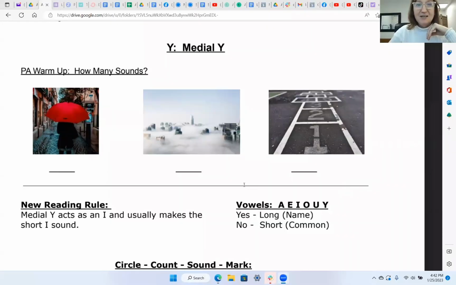That might be hard to remember now, but I'll mention it every so often, and then pretty soon you'll see it in print and you'll go, oh yeah, she was right.